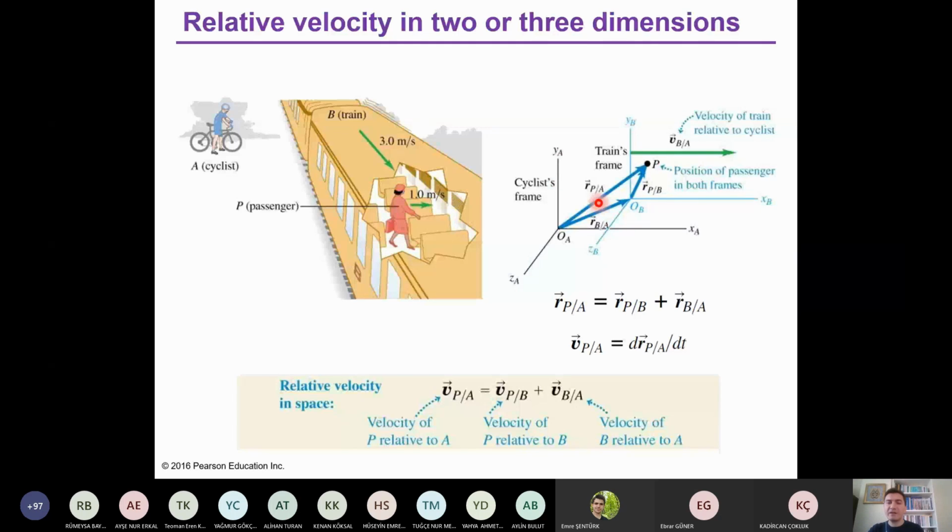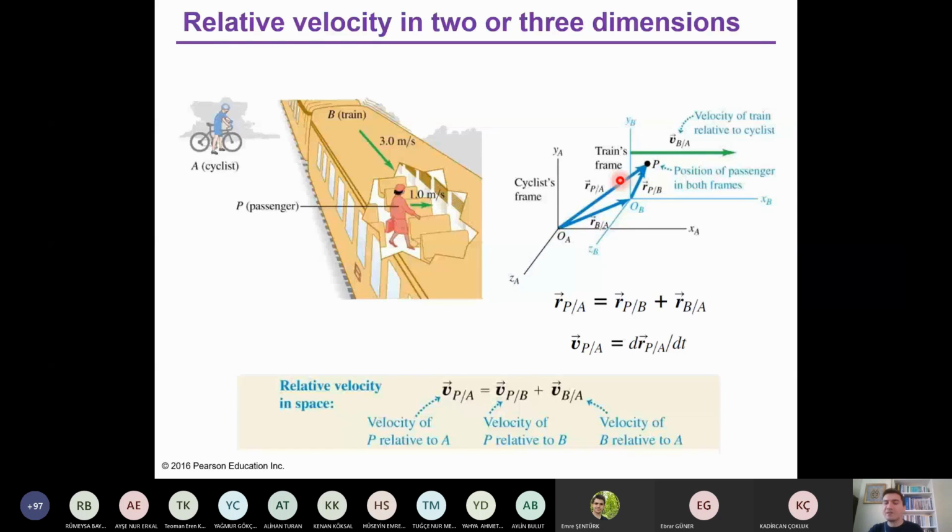And what is the position vector from the origin of the cyclist frame to the origin of the train's frame? This is given by R, the position of the train's frame B relative to the frame of the cyclist, okay? So we have 3 vectors here. One is this one, the other one is this one, and the other one is this one.